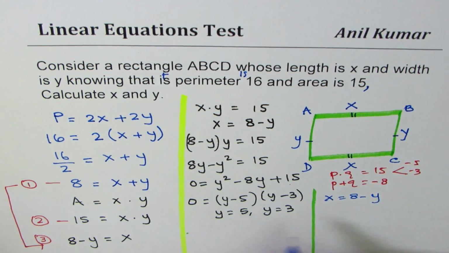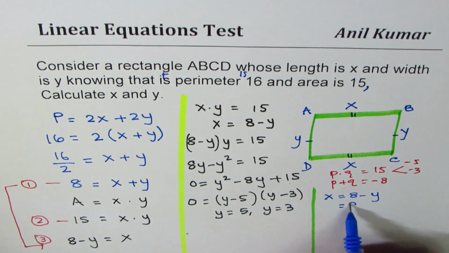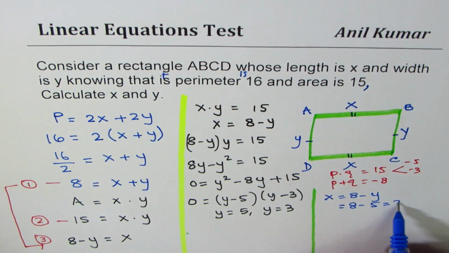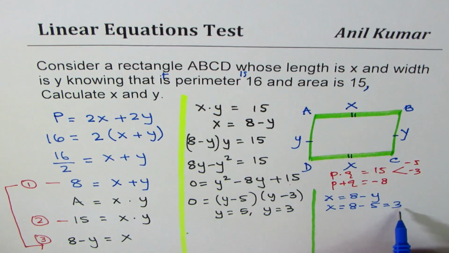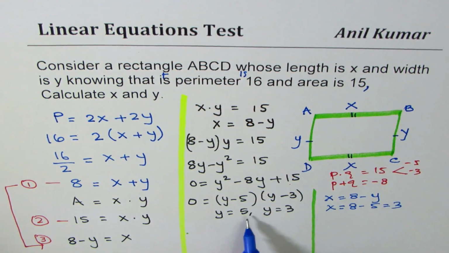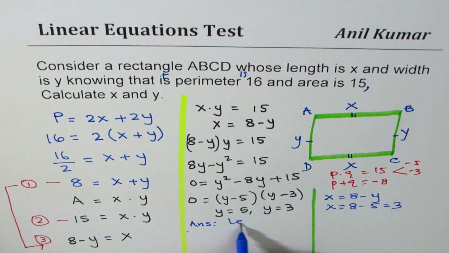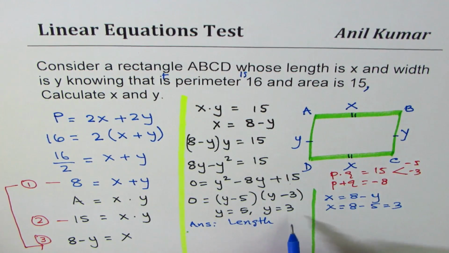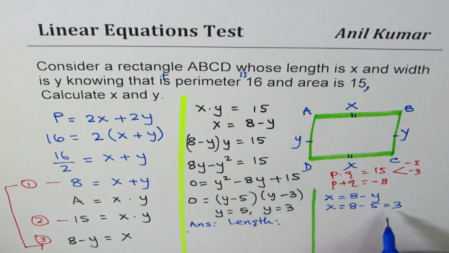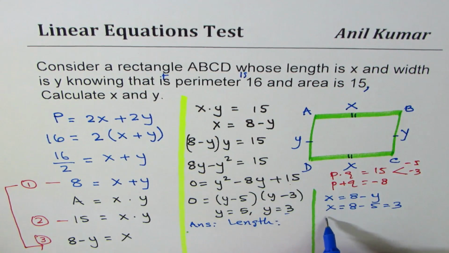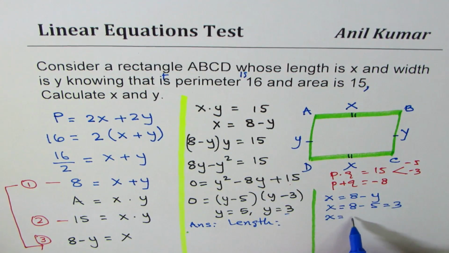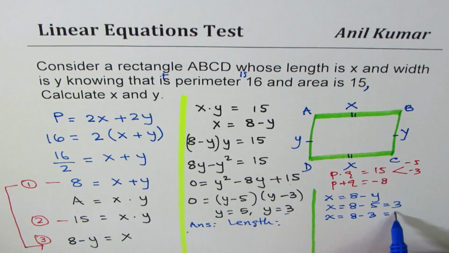So if I substitute 5, what do I get? I get 8 minus 5 equals 3. Do you see that? So x equals 3. So basically it's a combination of 3 and 5, right? So normally I'll write length as the bigger number. So will you substitute the other one also? x equals 8 minus 3, and I've got 5, right?